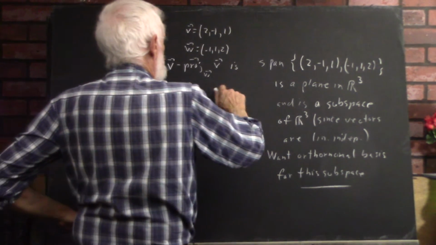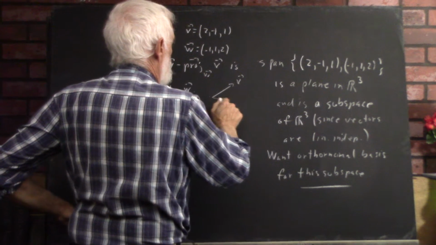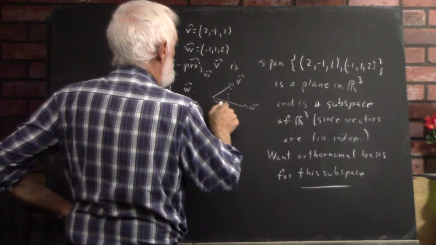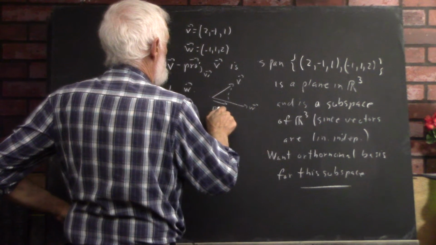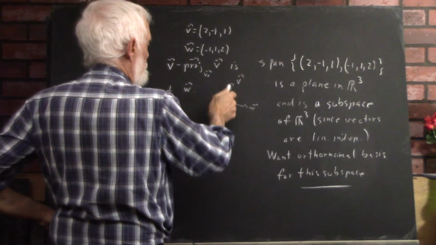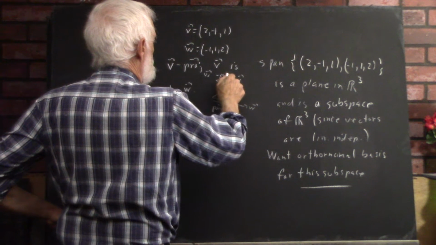And there's a picture. Again, here's V. If W is here, here's the projection that we're talking about. I'm not going to do all the subscripts. So we do V minus the projection.